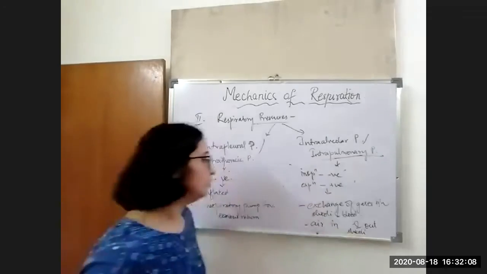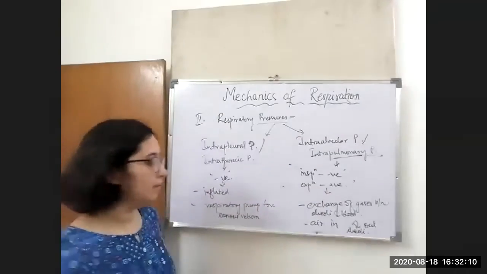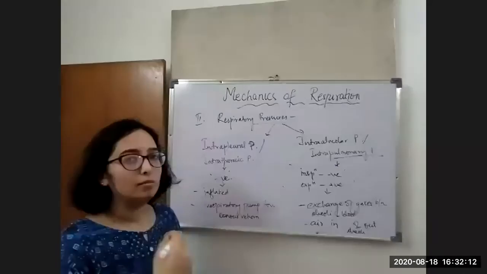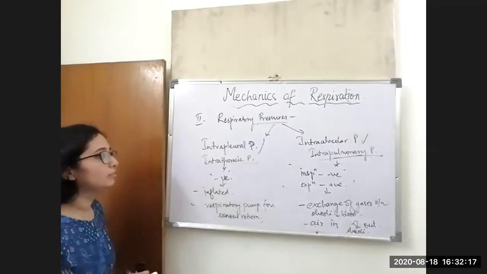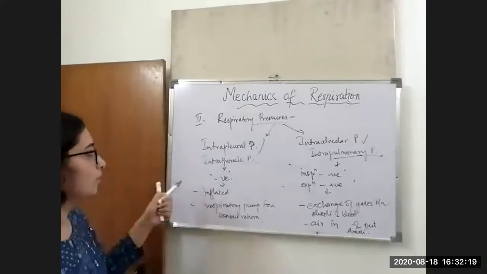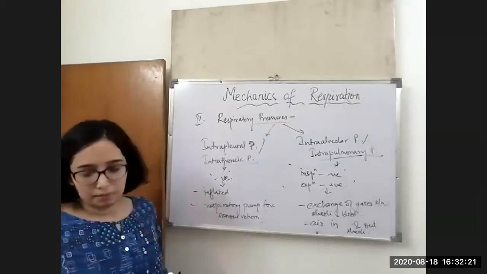So what are the two functions? Exchange of gases between alveoli and blood, and also exchange of air in and out of alveoli. So these are the two main functions of the two main respiratory pressures.